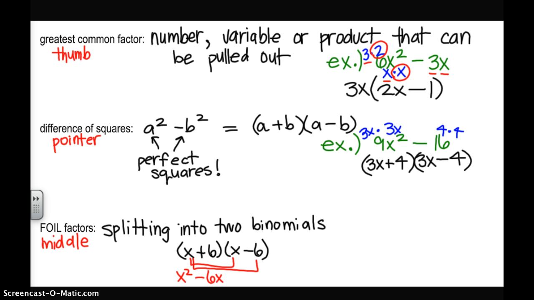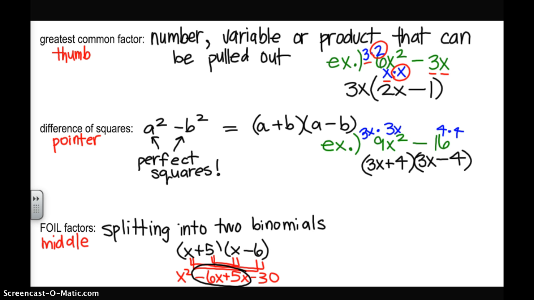I'm going to change it really quick, because otherwise it's a difference of squares, and I want this one to be different. Inside times inside, 5 times x is 5x, and last times last is negative 30. Okay? And when we combine our like terms here, we're going to get negative x.